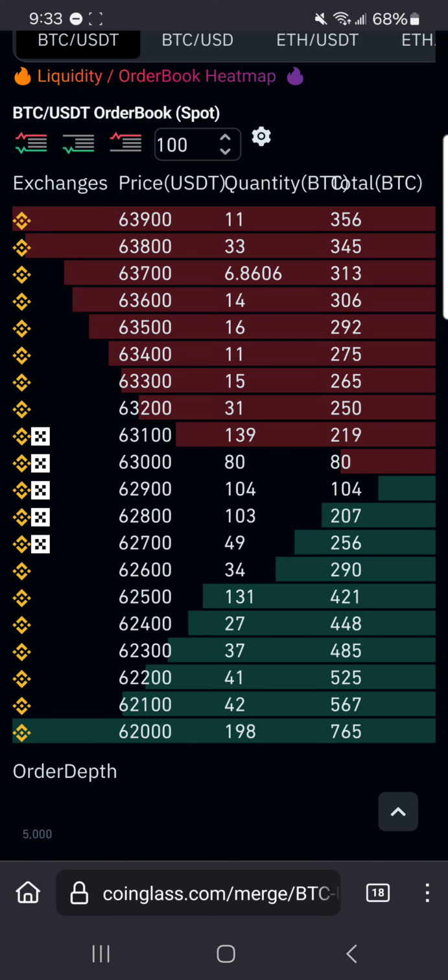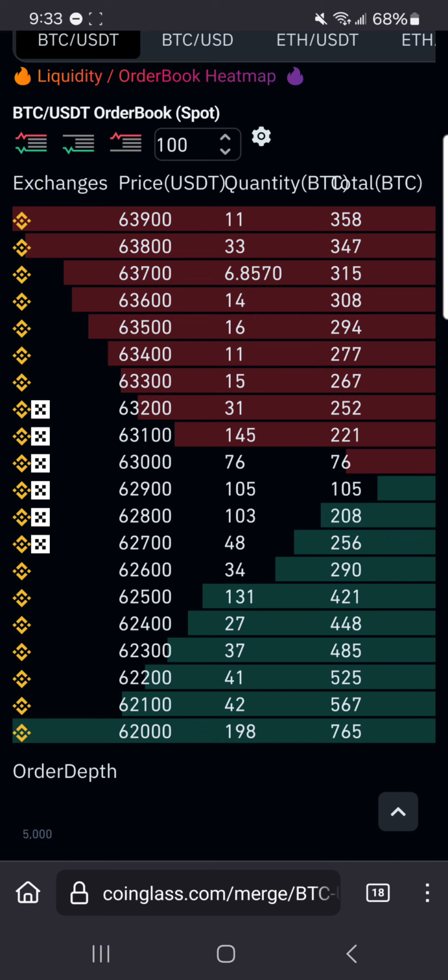There's a lot at 62.9 and 62.8. You've got hundreds of Bitcoin orders there. And not much on the sell side, 358 total, which is unusual for BTC USDT.